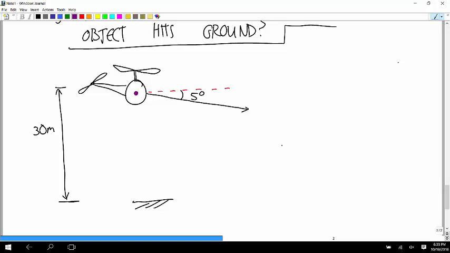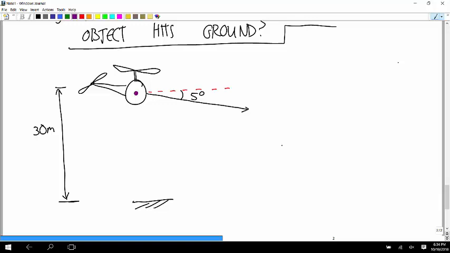What's the rule about the velocity at the instant something's dropped? You remember we talked about it? Yeah, at the instant it's dropped, the velocity is the same as the velocity of the thing it's dropped from, the vehicle. So if it's dropped from a helicopter that's going 20 meters per second that way, it's just like this being at rest and being launched out at 20 meters per second, 5 degrees below horizontal.